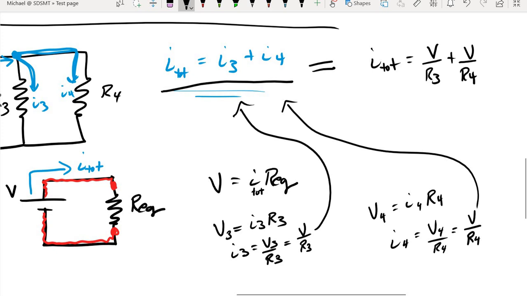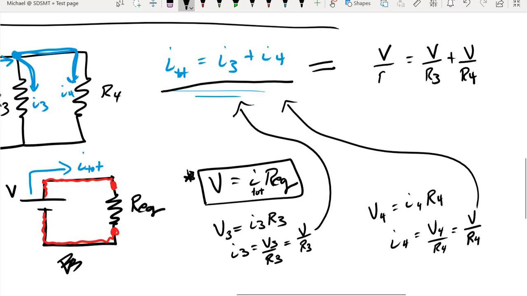And the last thing that we want to substitute is the equation that we get from Ohm's law for the total current. The total current going through that circuit, using this Ohm's law expression, says that current total will equal the potential of the battery divided by the equivalent resistance.